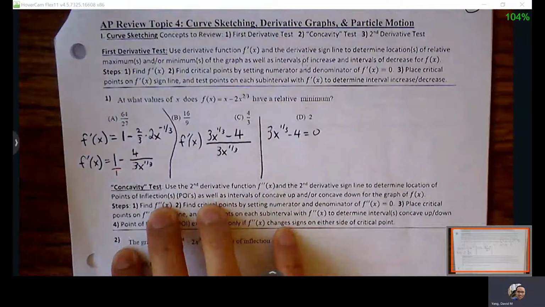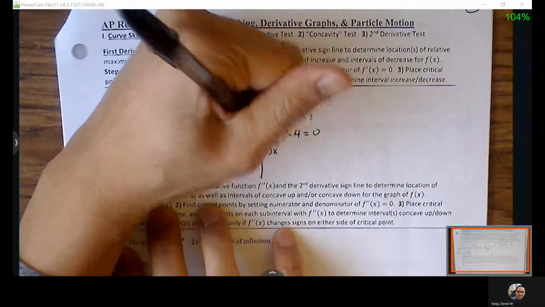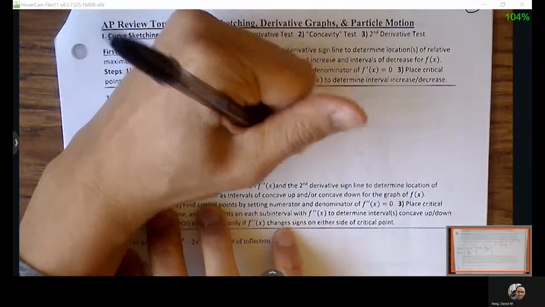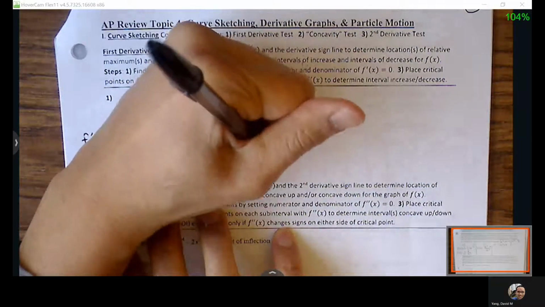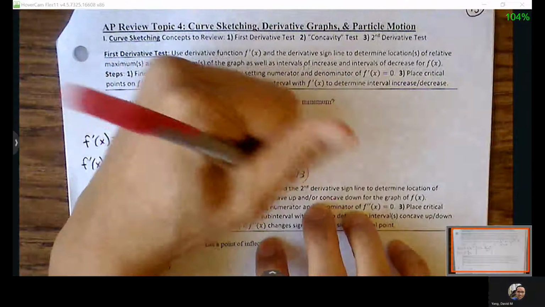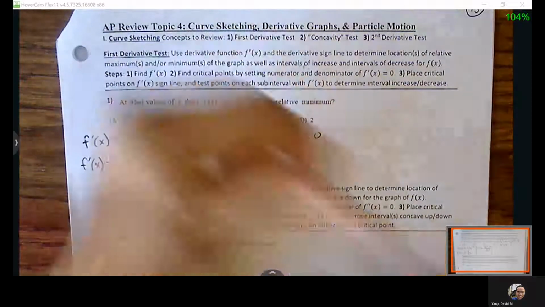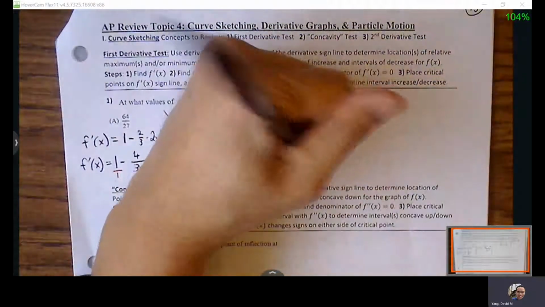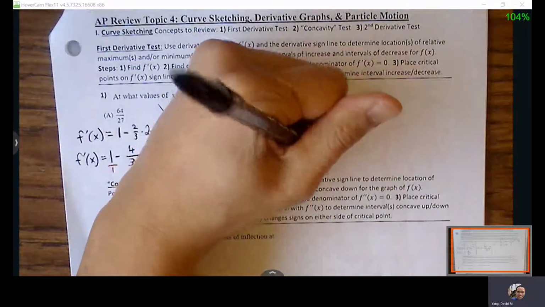Add 4, divide by 3. Raise both sides. So 4 cubed over 3 cubed, that's 64 over 27.